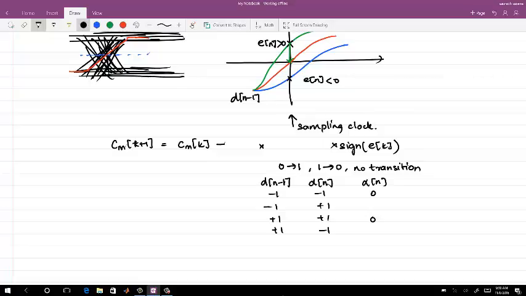For a minus 1 to plus 1 transition, let's say you are on the green curve, right? So on the green curve, if the error is higher, I need to reduce the gain factor, so I need to reduce the coefficient. If I want to reduce the coefficient for a minus 1 to plus 1 transition, my alpha n, or let's say this is alpha n, this should be positive 1.